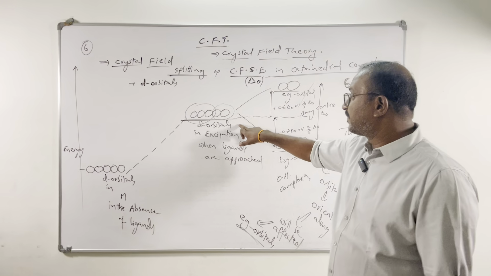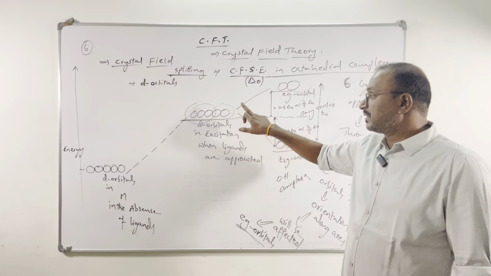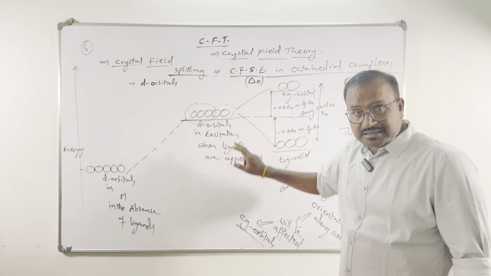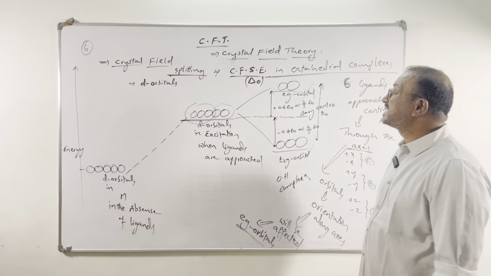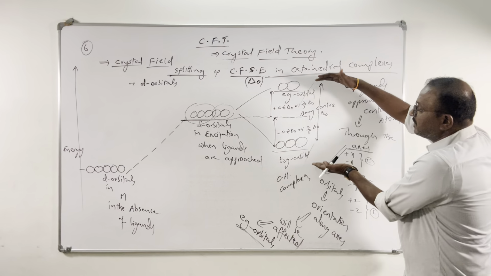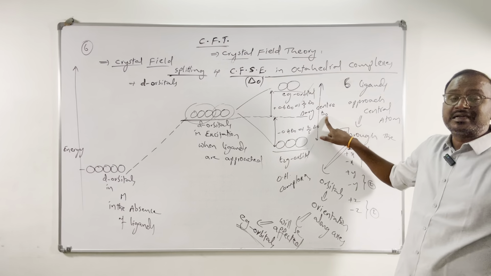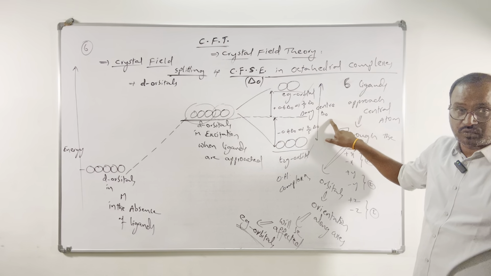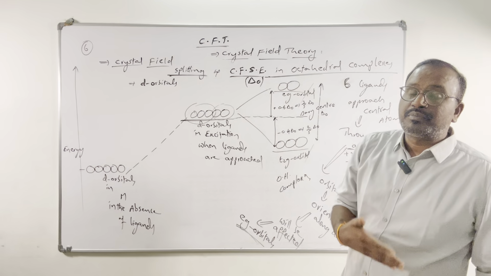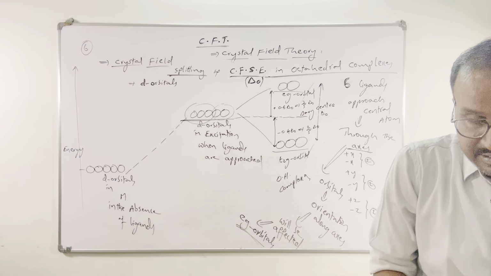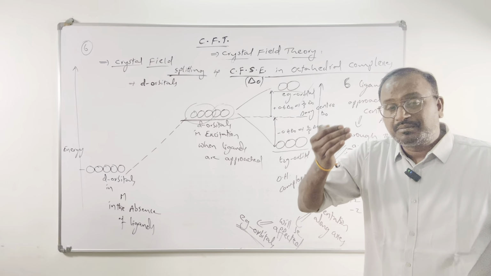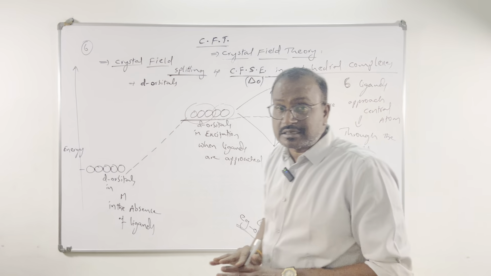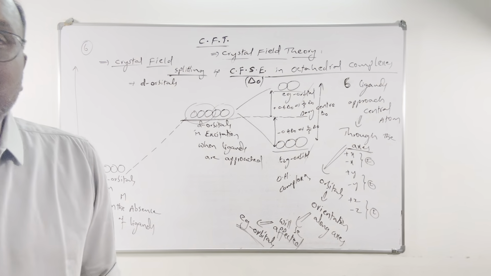Due to that, from the barycenter, the d orbitals in the excited state will split into two groups for stabilization. The energy difference between these two groups is called the crystal field stabilization energy of octahedral complexes, delta O. Eg orbitals will contain 0.6 delta O more energy than the barycenter, and T2g orbitals contain 0.4 delta O less energy than the barycenter. So this is crystal field splitting in octahedral complexes.